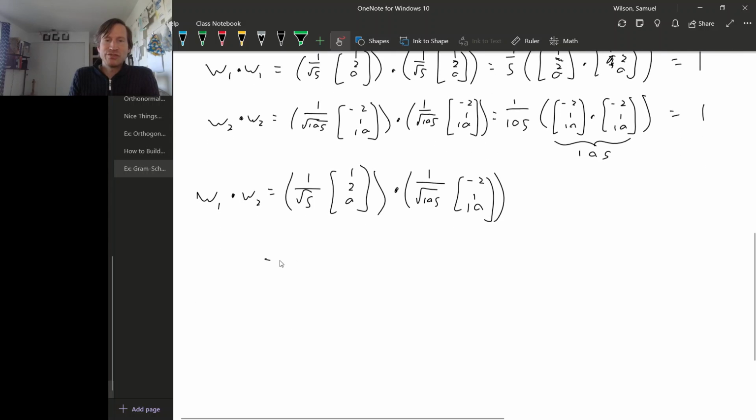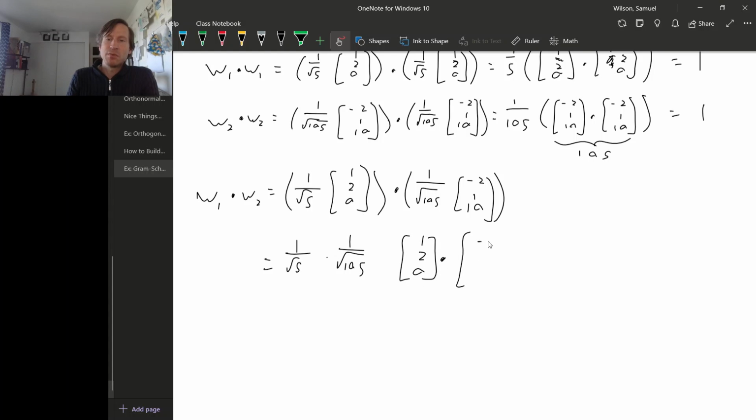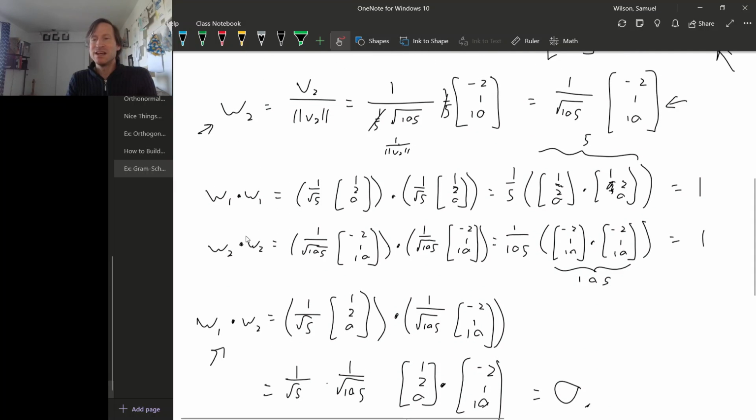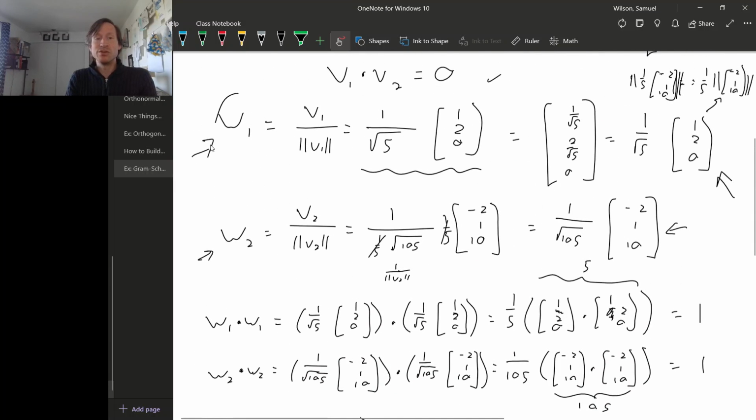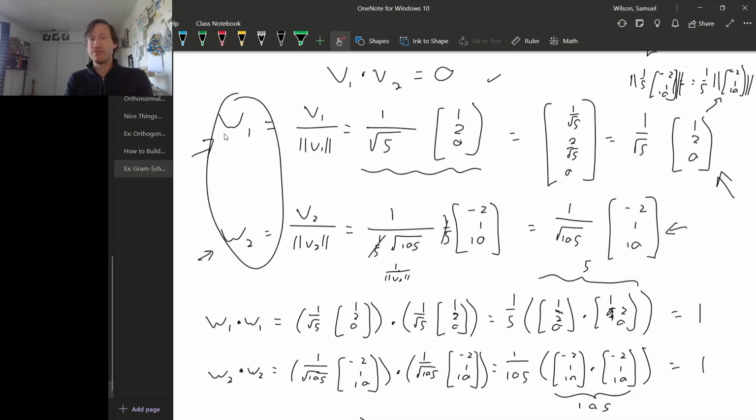Let's pull the scalar factors out to the front: 1 over root 5 times 1 over root 105 times the dot product of 1, 2, 0 with minus 2, 1, 10. And the scalars in front don't matter because this dot product is clearly 0. So we get 0, right? So these two vectors are perpendicular as they were supposed to be, and they're unit length. So these w's form an orthonormal basis for our subspace V.